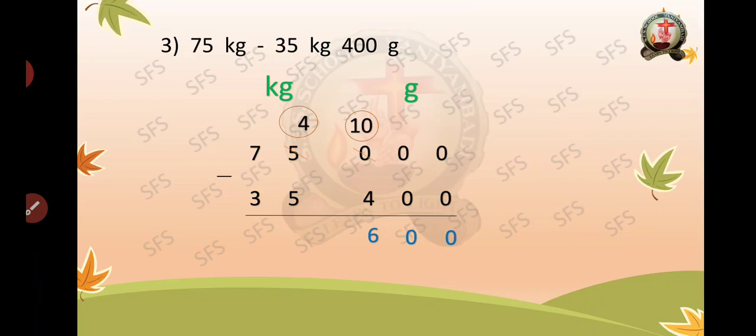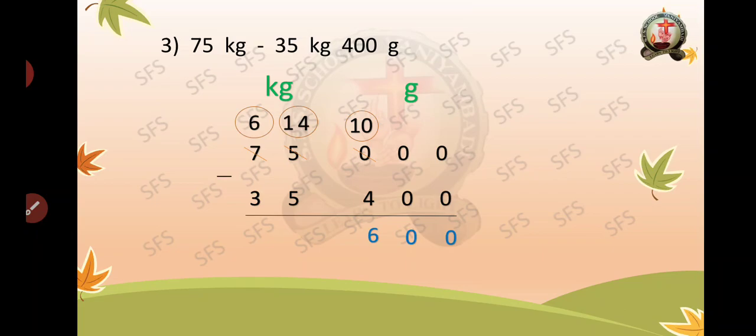Now look at the next. 4 minus 5. Is it possible, children? Because 4 is smaller than 5. So what can we do? Yes, borrow the number from the neighbor. So 7 will become 6. And this 4 will become 14.